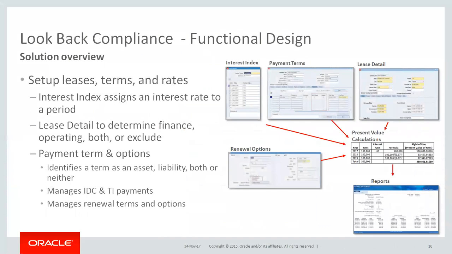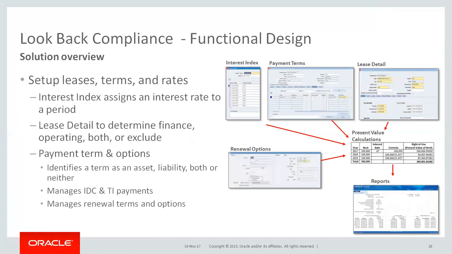So these are the changes that we had to make in the application so that these balances are generated, reported, and maintained going forward. We had to make a new entity called interest index. Now, as per both the accounting standards, for the sake of simplicity, the tenant's borrowing rate can be used for all your discounting purposes. So what we came up with is an interest index matrix, wherein the user can define or specify their discounting rates.